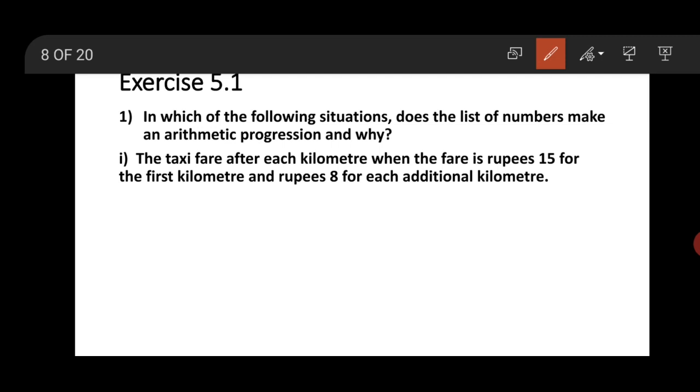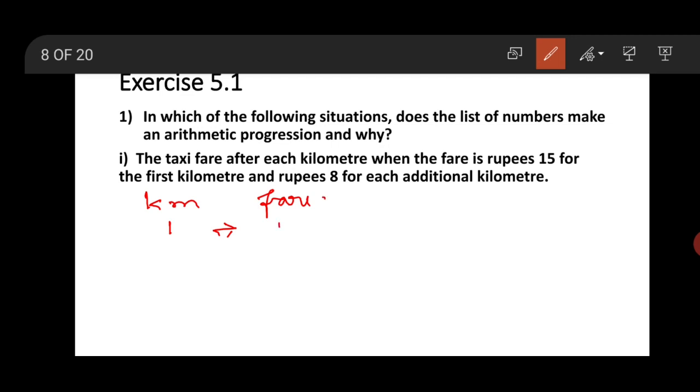The taxi fare after each kilometer, when the fare is rupees 15 for the first kilometer. First we have to take kilometer, and what is the fare? For the first kilometer, what is the fare? It is the fixed fare, right?